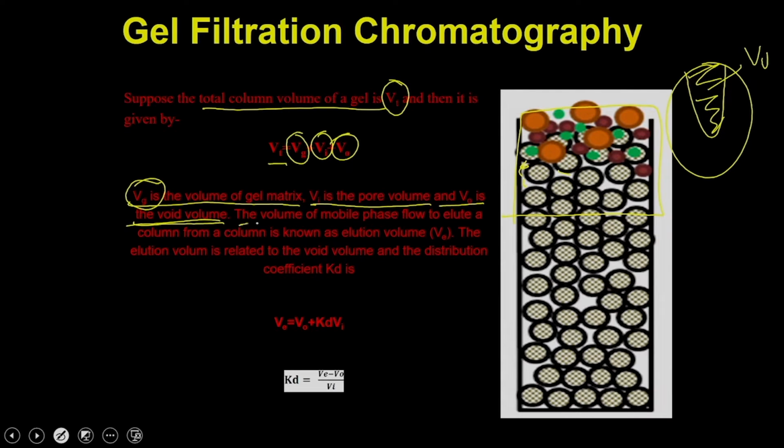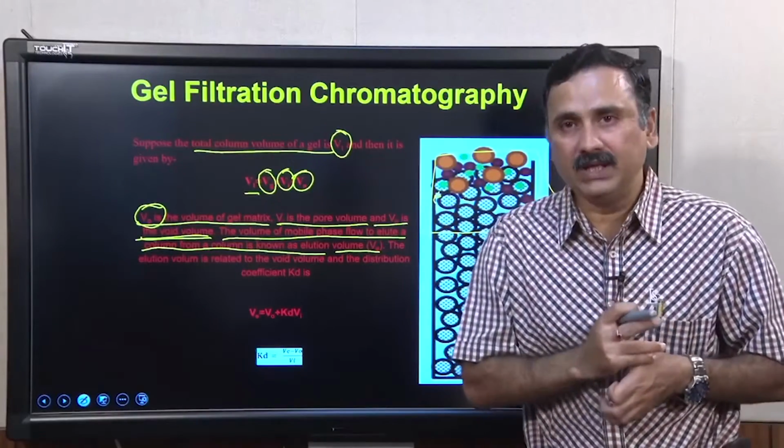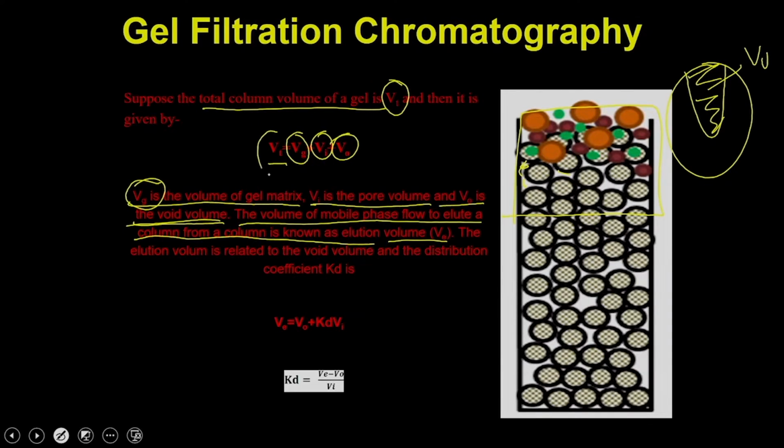Now, the volume of the mobile phase needed to elute an analyte from the column is known as the elution volume or the Ve. So, you have the parameters Vt, Vg, Vi, Vo and Ve. If you recall, Vt is the total column volume, Vg is the volume of the beads or the gel matrix, Vi is the inner pore volume, Vo is the void volume and Ve is the elution volume.